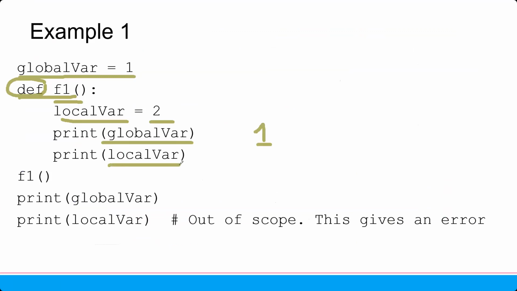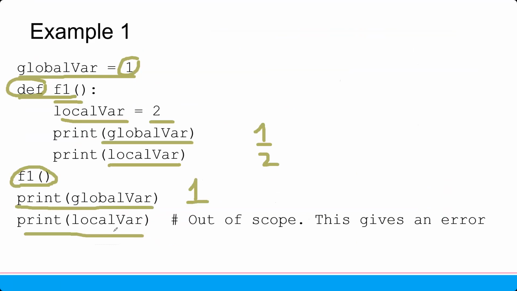Print local variable. What is the result? This is 2. Okay, we call the function f1. Now we want to print the global variable. The global variable is 1.